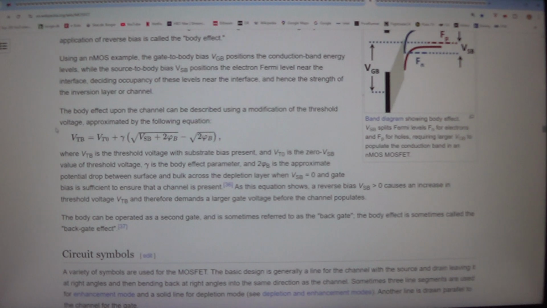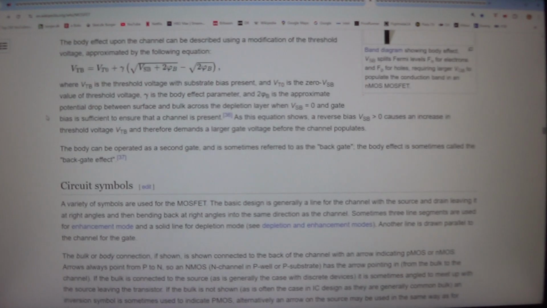The body effect upon the channel can be described using a modification of the threshold voltage, approximated by the following equation: V_Tb equals V_T0 plus gamma times the square root of V_SB plus 2φ_b minus the square root of 2φ_b, where V_Tb is the threshold voltage with substrate bias present, and V_T0 is the zero V_SB value of threshold voltage.